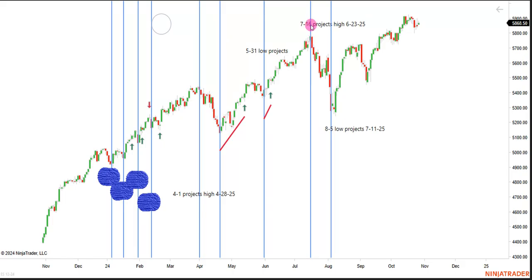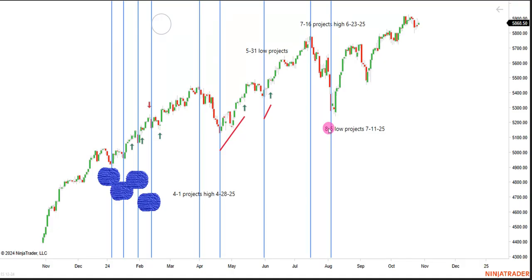The high from July 16th projects to a high on June 23rd of 2025, and the low on 8/5 projects out to July 11th, 2025.